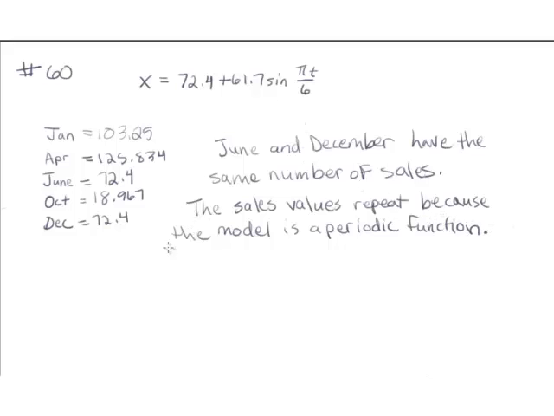And then if we think in the real world, this is a real world situation that they're trying to get us to think about. Why would it be the case that they'd sell the same number of swimsuits in June and in December?